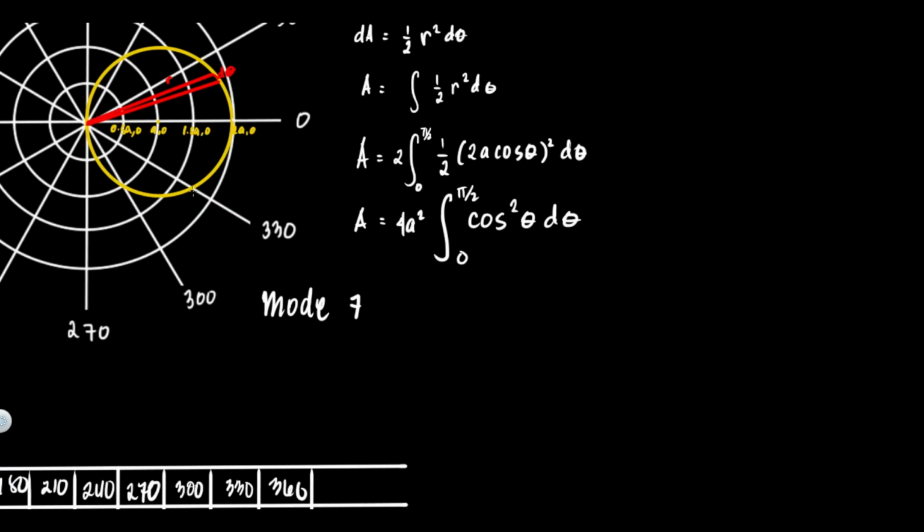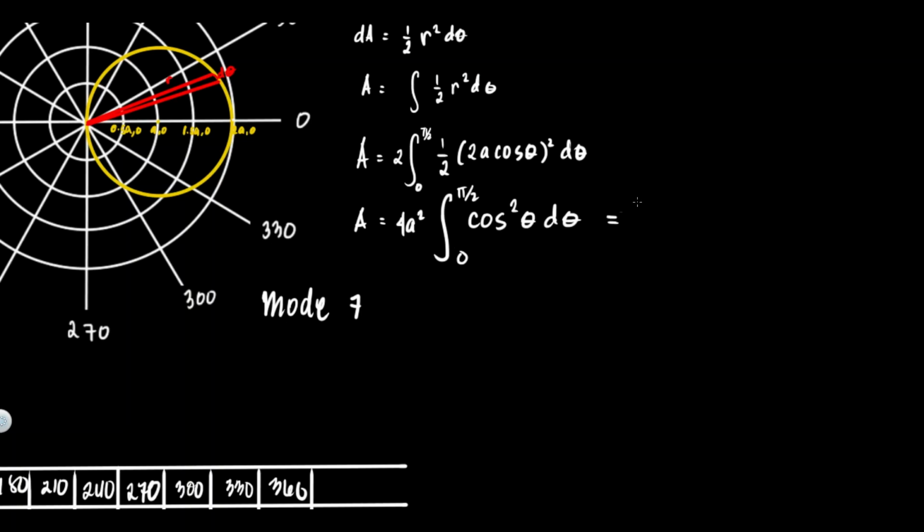What we need is the area of the whole circle, so we need to multiply this by 2. And 2 over 2 is 1. Then 2 squared, a squared, that's 4a squared times the integral of cosine squared theta d theta, limits 0 to pi over 2.